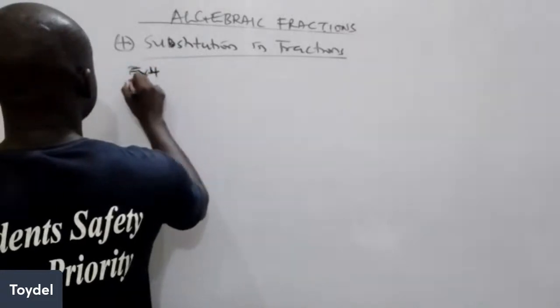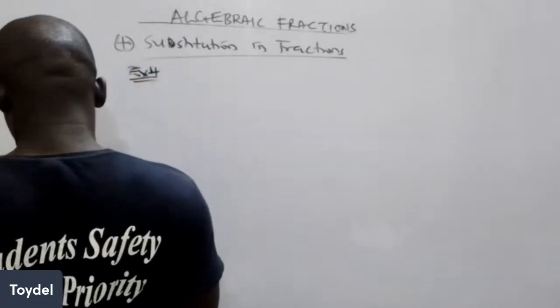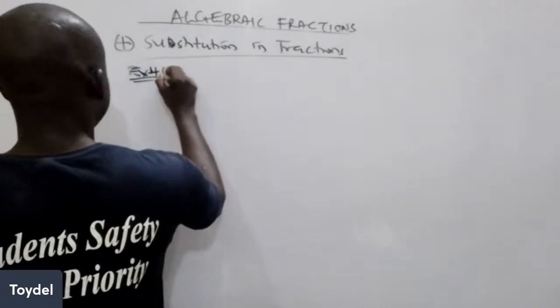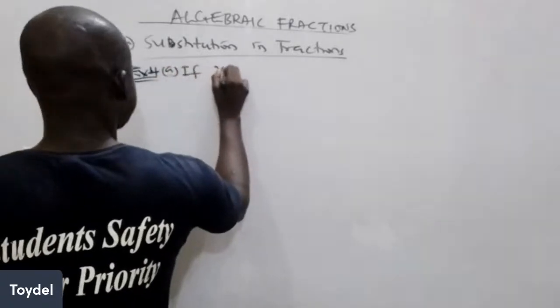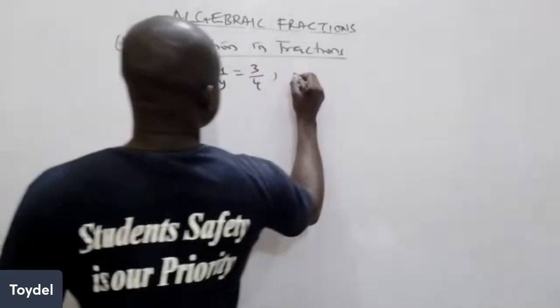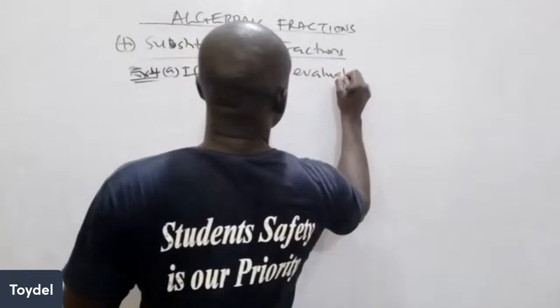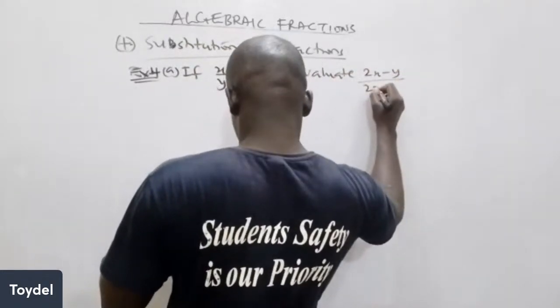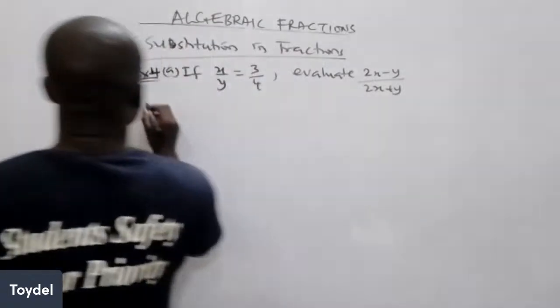Example 4. So here we have the first example. If x all over y is equal to 3 all over 4, the question says evaluate 2x minus y all over 2x plus y. That's the first question.